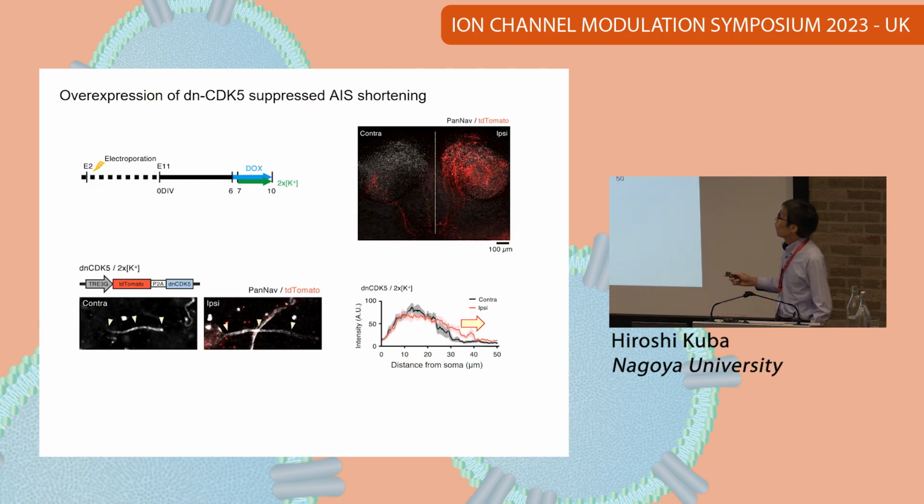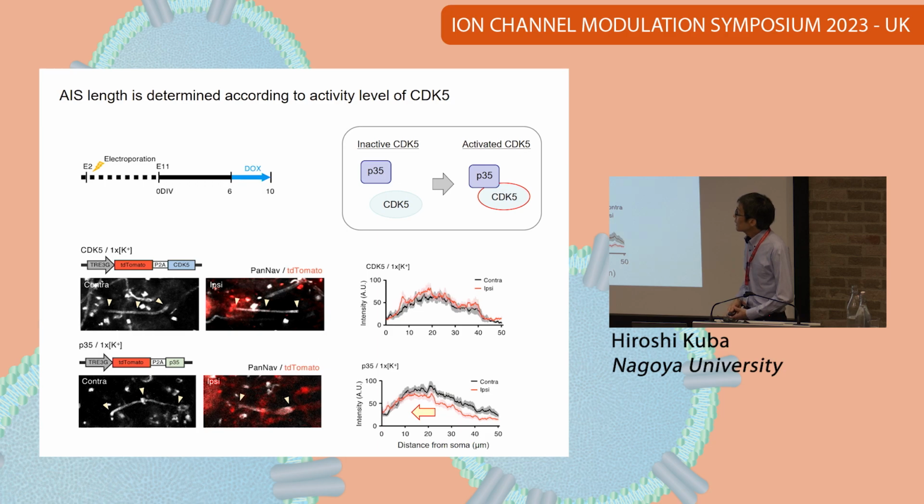Doxycycline was added 1 day before the high potassium treatment, and it suppressed the AIS shortening in the electroporated site. On the other hand, the overexpression of CDK5 itself didn't affect the AIS length, while the overexpression of p35, which is an activator of CDK5, shortened the AIS.